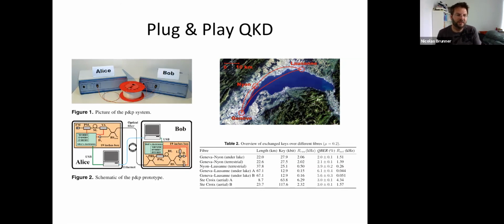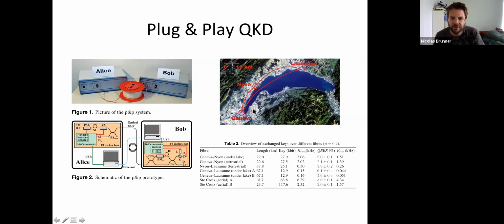Here you see a very primitive setup with Alice and Bob. In these devices you have lasers, polarizers, etc., and they are connected by some optical fiber on this spool. So if you have access to an optical fiber, you can really implement quantum cryptography with these sorts of devices.